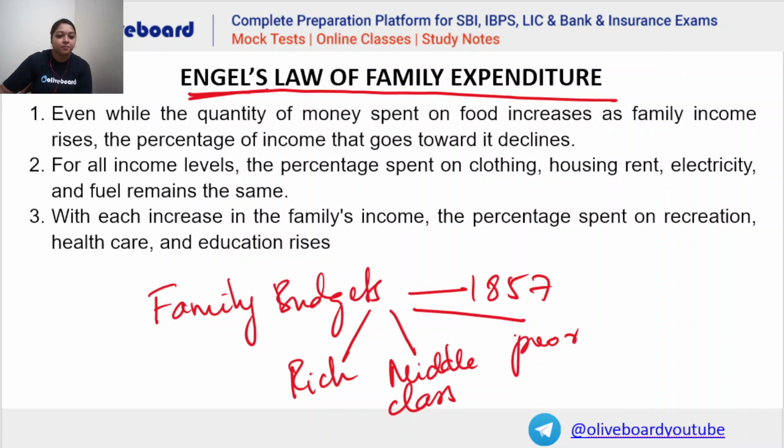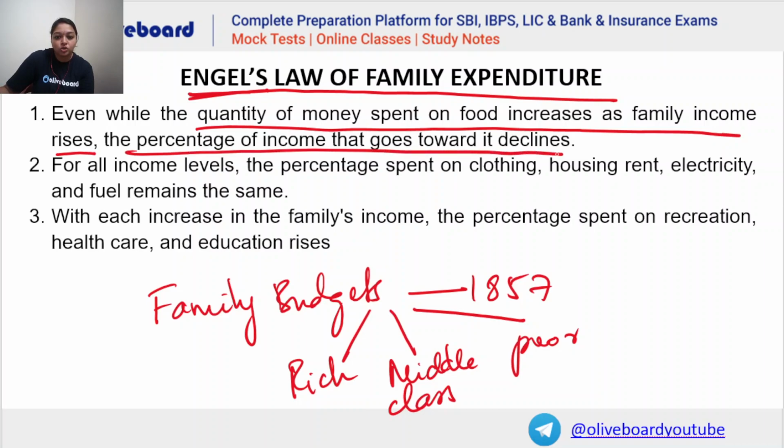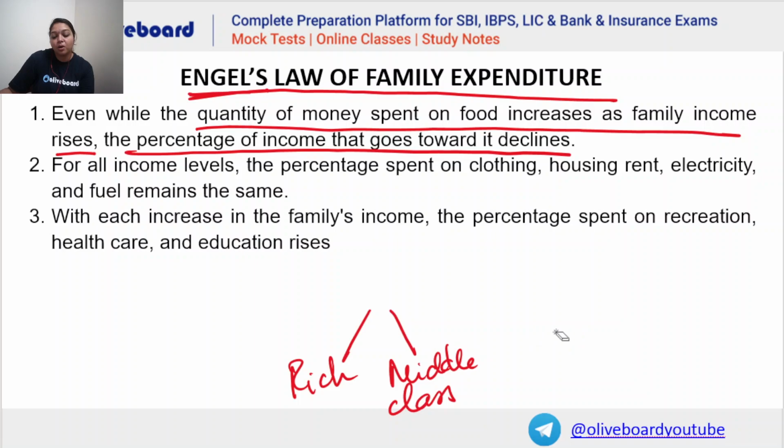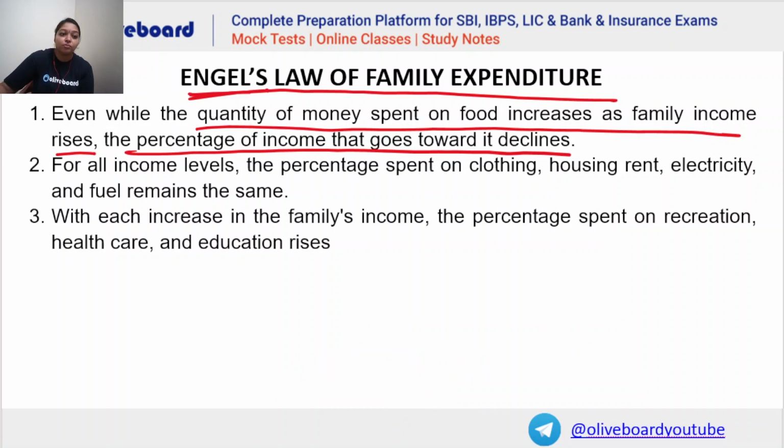So what are they? The first one is, even while the quantity of money spent on food increases as family income rises, the percentage of income that goes towards it declines. You need to understand there are two concepts here. He is telling us, even if the quantity, that means the amount of money spent on food, increases, the percentage of money spent on it will keep on declining.